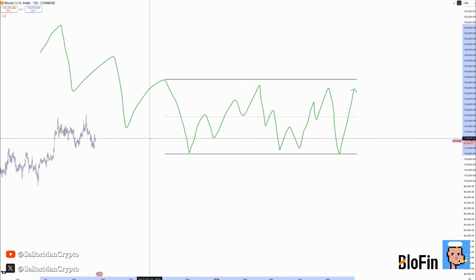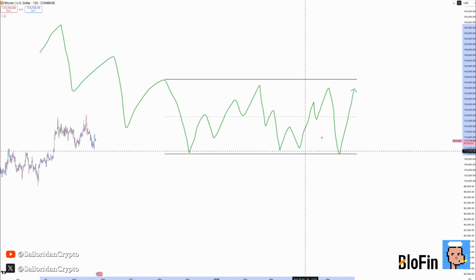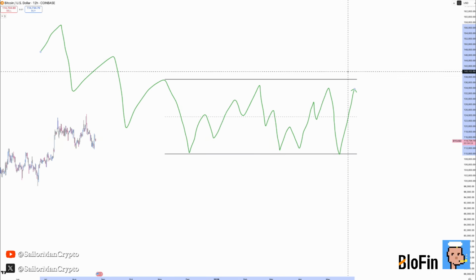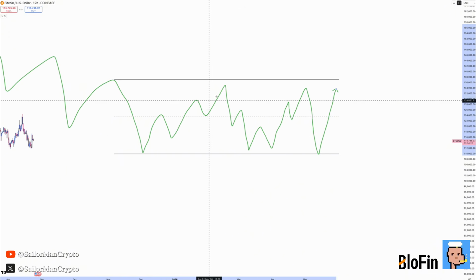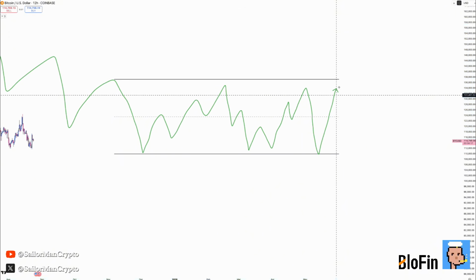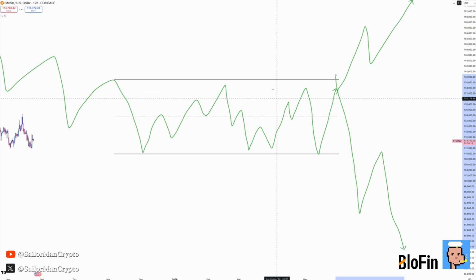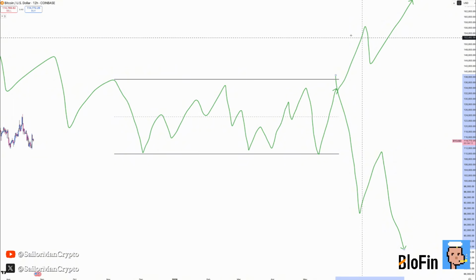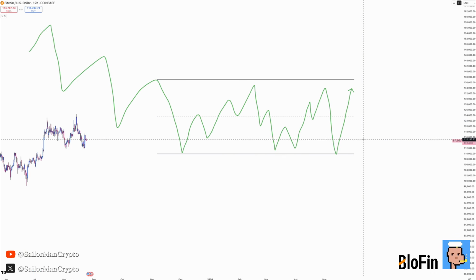There is a caveat, but to me, ranges are most of the time neutral formations, and as long as we stay inside, I will give it a 50-50 possibility that this range will eventually break up, becoming an accumulation, or break down, becoming a distribution, as we explained. So that's why the concept is important.